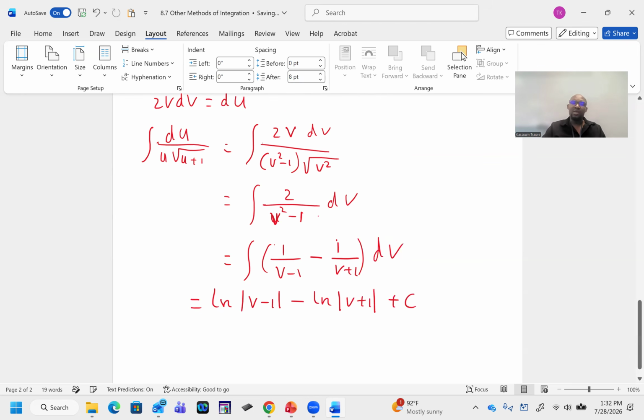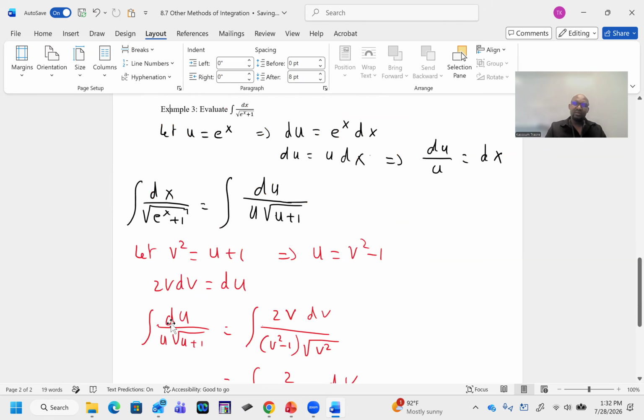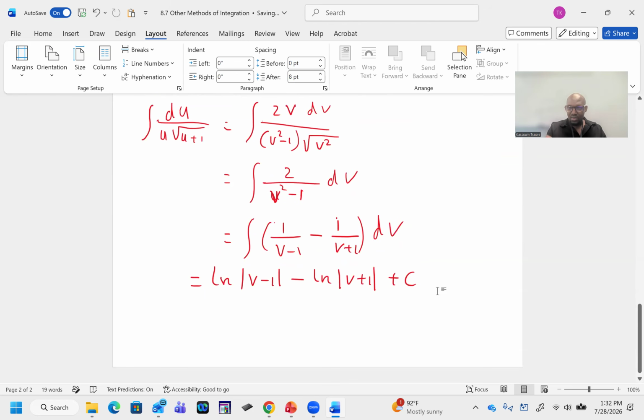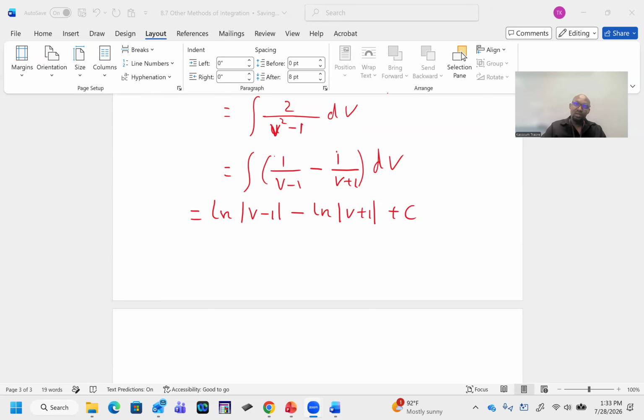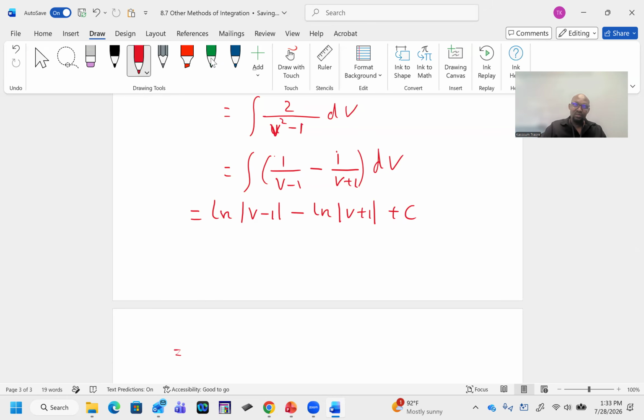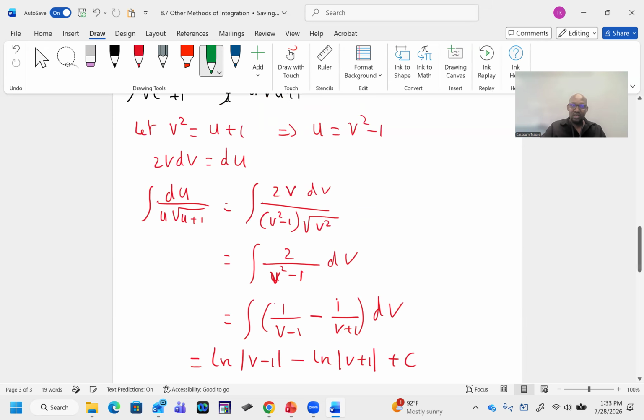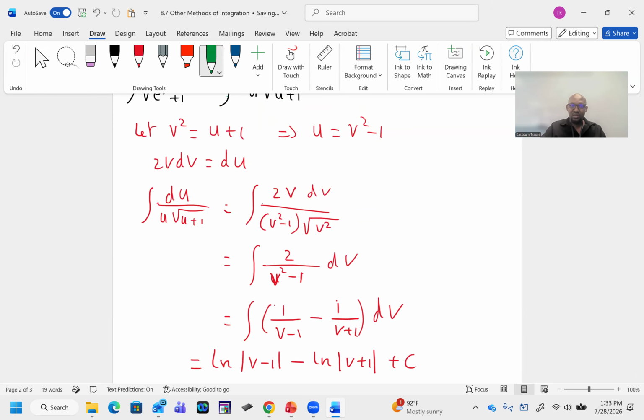And then we have to substitute back our u. We know v squared is u plus 1, so v is the square root of u plus 1.